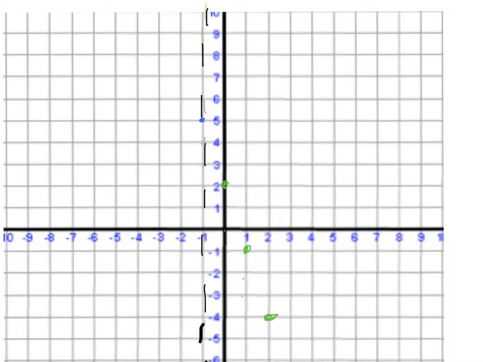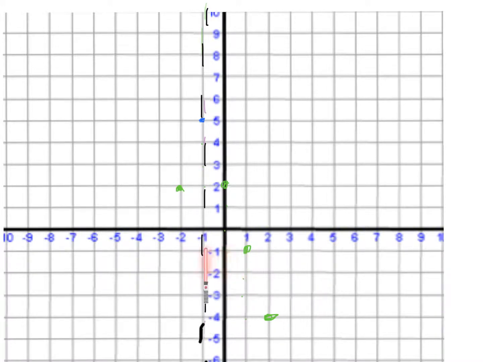Now remember, we're going to use the axis of symmetry to create more points. So again, here's one point that we had. We're one space away from the axis of symmetry, so we're going to go one space over and create a point reflected over the axis of symmetry. Now we have another point right here.